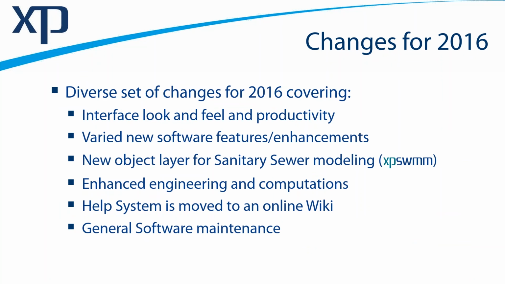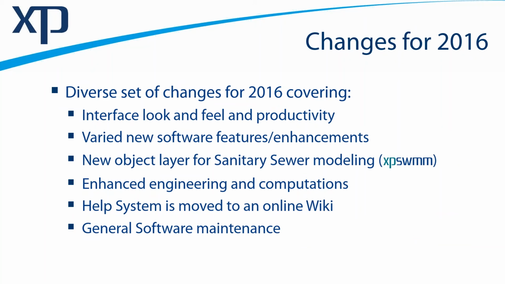So about the changes for 2016, really it was quite diverse. We tackled quite a bit of stuff. For example, we went at the interface look and feel and the productivity of the software, using your comments, for example, on where your workflow was inhibited by the software and could be enhanced. We've got new features and enhancements, generally speaking, throughout all different parts of the software. We even have a new object.